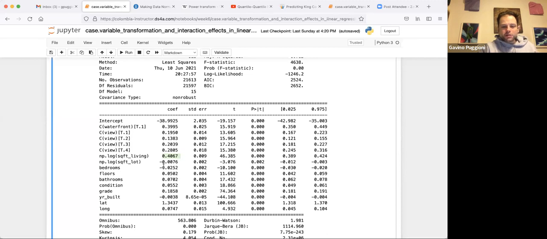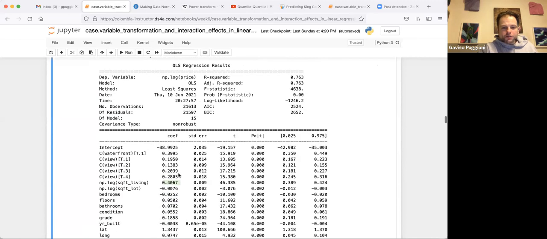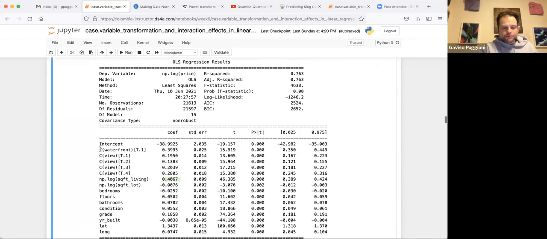And what about, which one was the other one? Waterfront, which is this one. How can we interpret this?